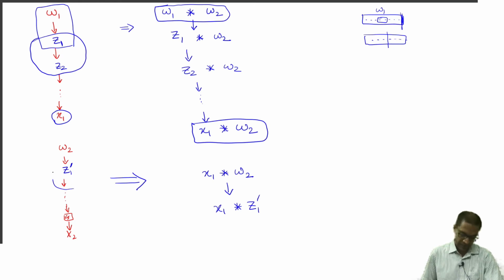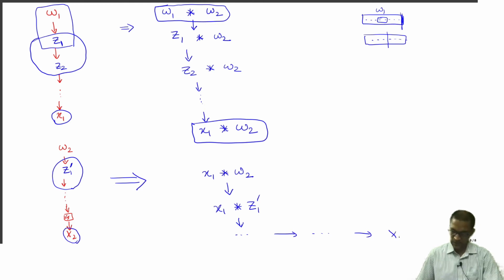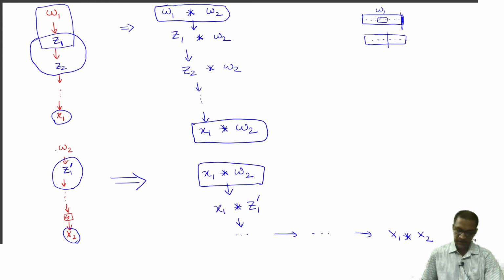So I keep applying it to the next step of the chain and so on, till I reach the very last step, which is X2 concatenated on the left by X1. So what this means is if I start at X1 star W2, by applying left concatenation to the second chain, I can reach X1 star X2.